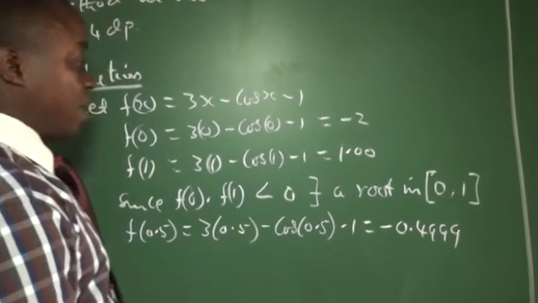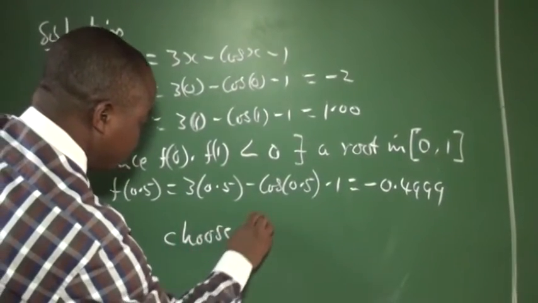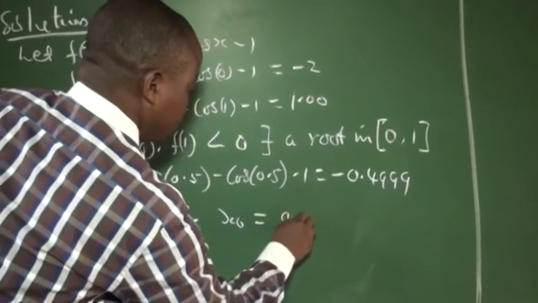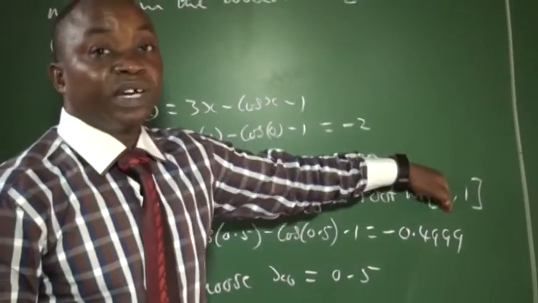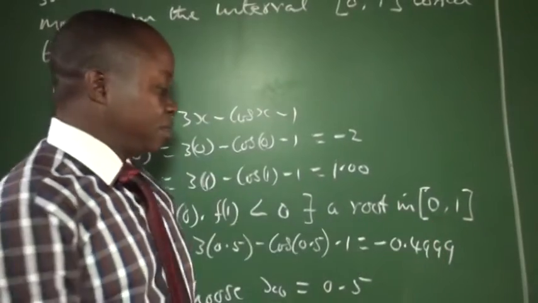So I'm going to choose x0 equal 0.5. Why do I do that? I'm going to start from 0.5 to iterate, because I know very well that there is no root this way. Okay.